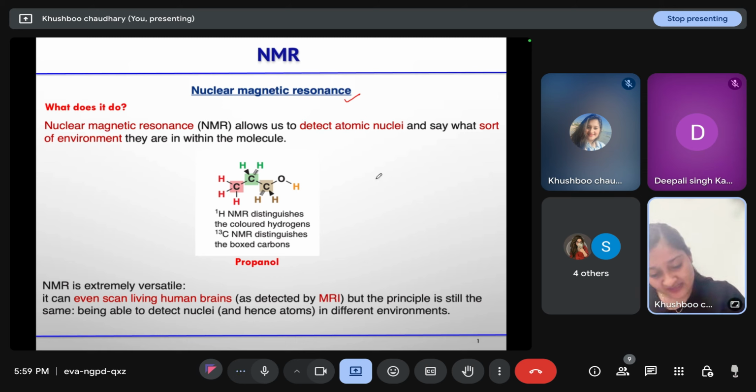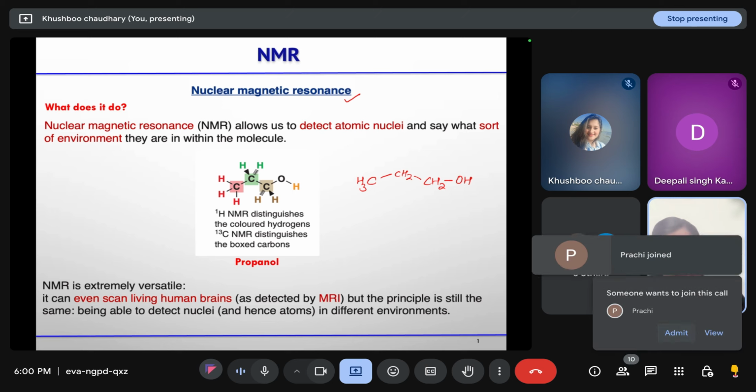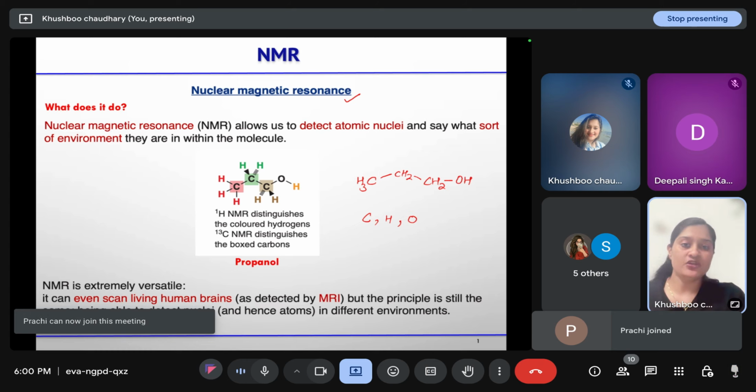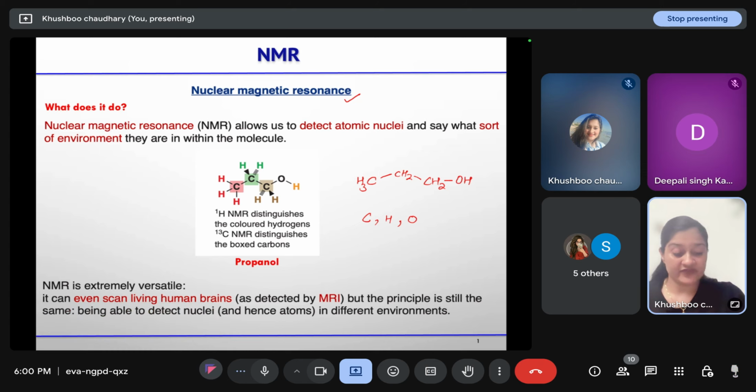We are considering one example, propanol. In this molecule we have carbon, hydrogen, and oxygen. Whatever nuclei are active for NMR, we can find out in which environment that particular atomic nucleus is present.